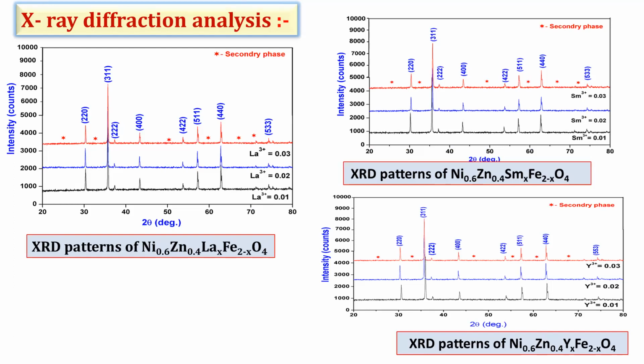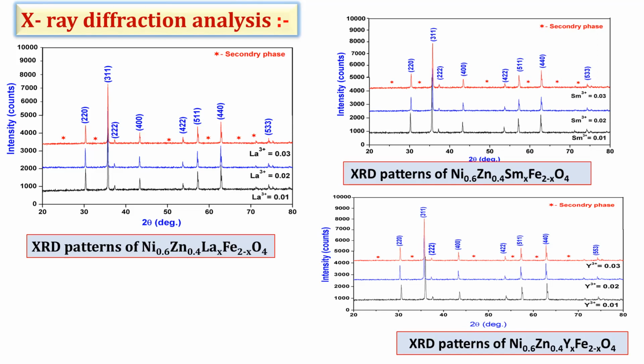It is observed from these patterns that the existence of the planes 220, 311, 400, 422, etc. indicates the formation of single phase cubic spinel structure, in addition to a secondary phase due to orthoferrite phase. It means that the orthoferrite phase is due to lanthanum, samarium as well as yttrium.